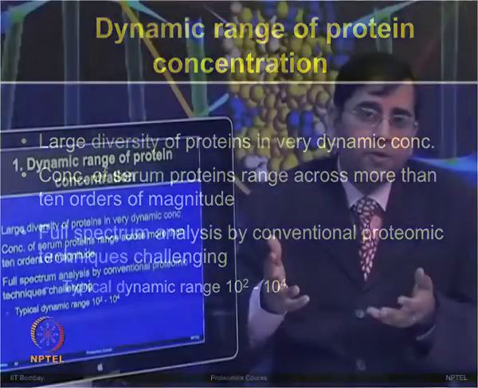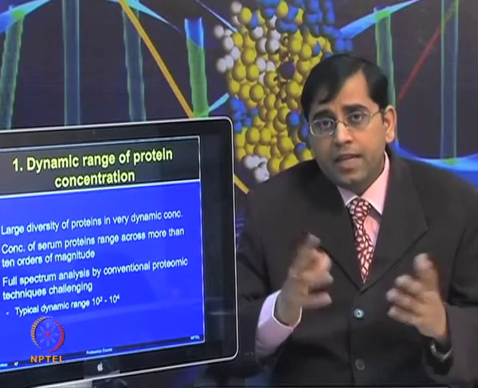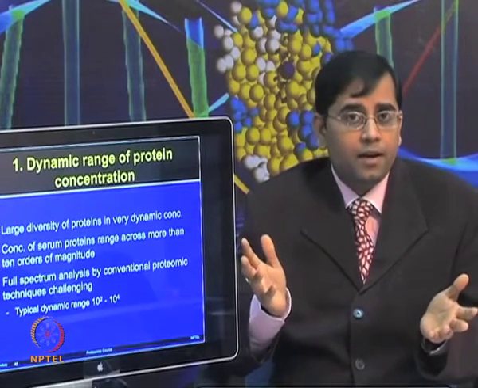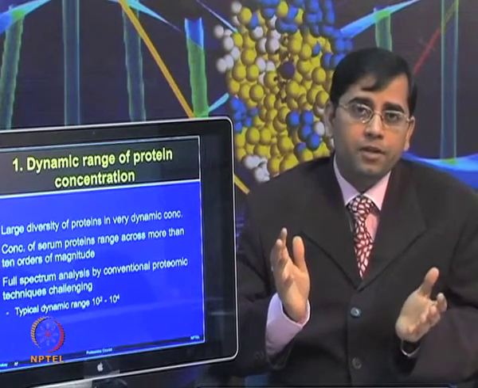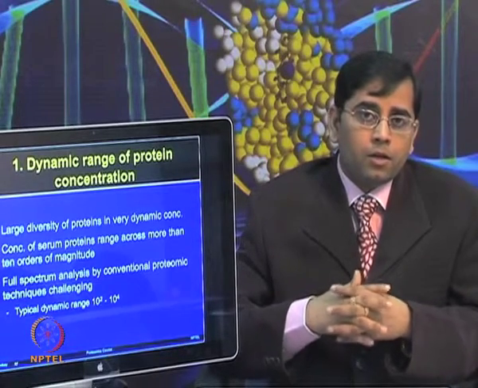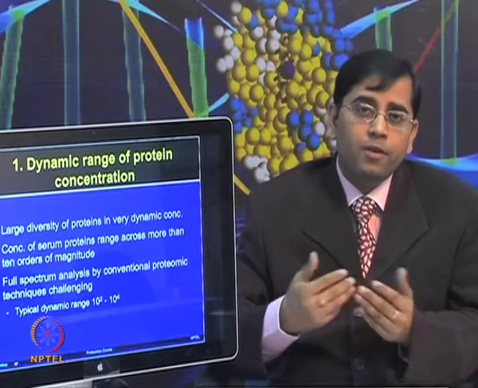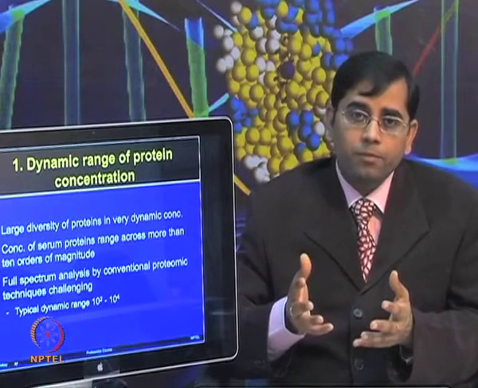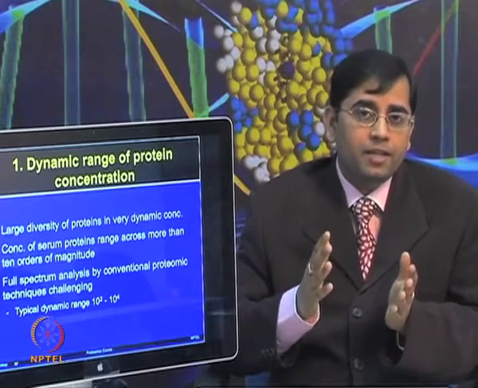So, how do we capture all the dynamic events happening in the serum if the dynamic range of the proteins is very large and your detection techniques are not able to capture that whole range? To avoid these issues, people try to remove some of the abundant proteins from the very complex serum proteome, so that the overall dynamic range can be reduced and minimized.